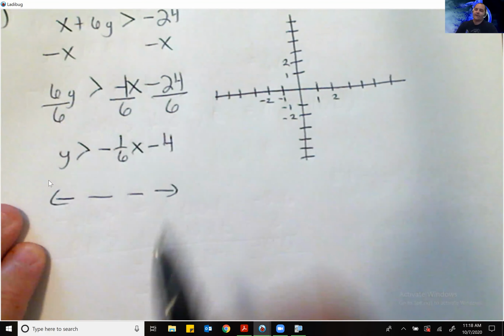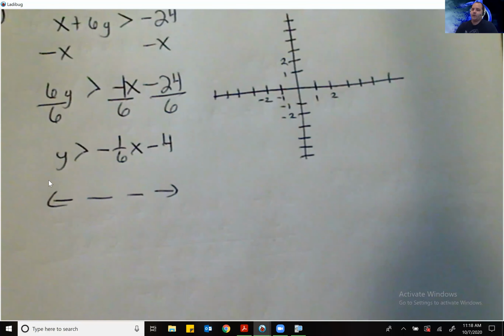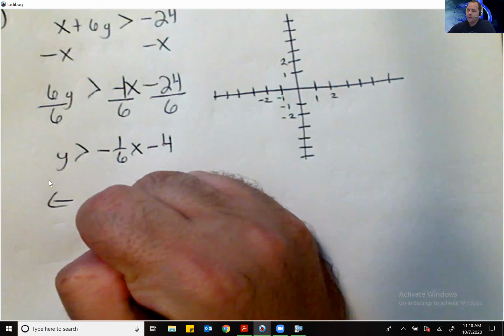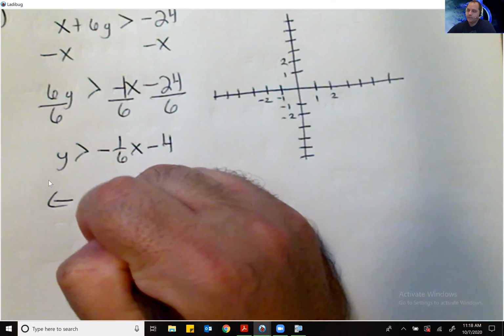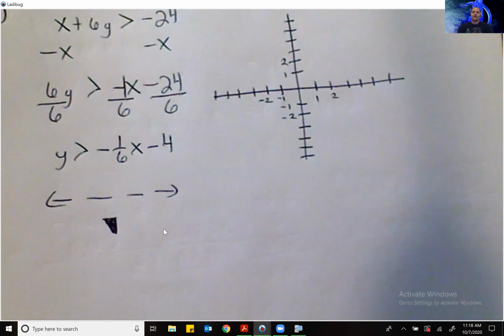When I go to my calculator, will I choose a top triangle or a bottom triangle? Top, because we are greater than. When you are greater than, you choose the top triangle. Now remember, our calculator will not graph solid or dotted, but My Math Lab will.